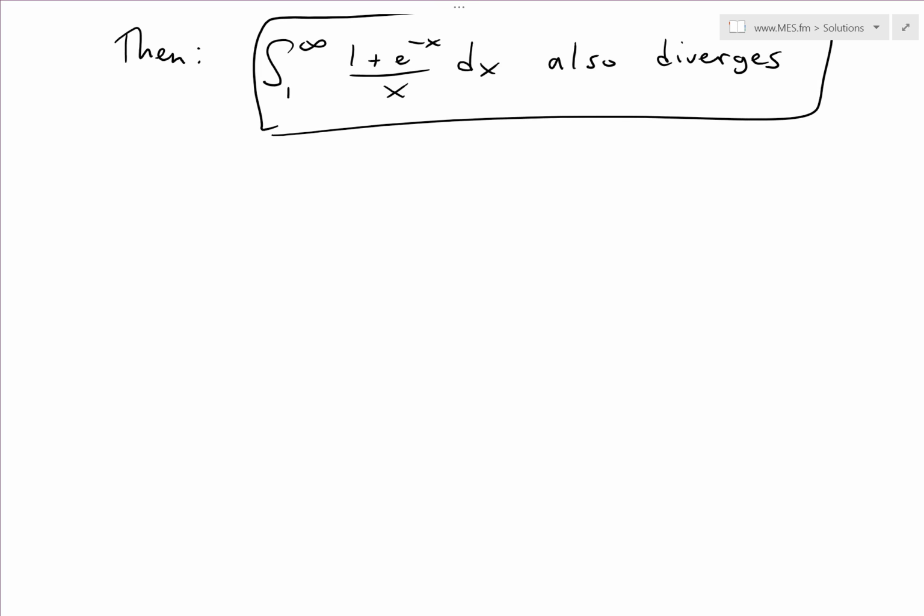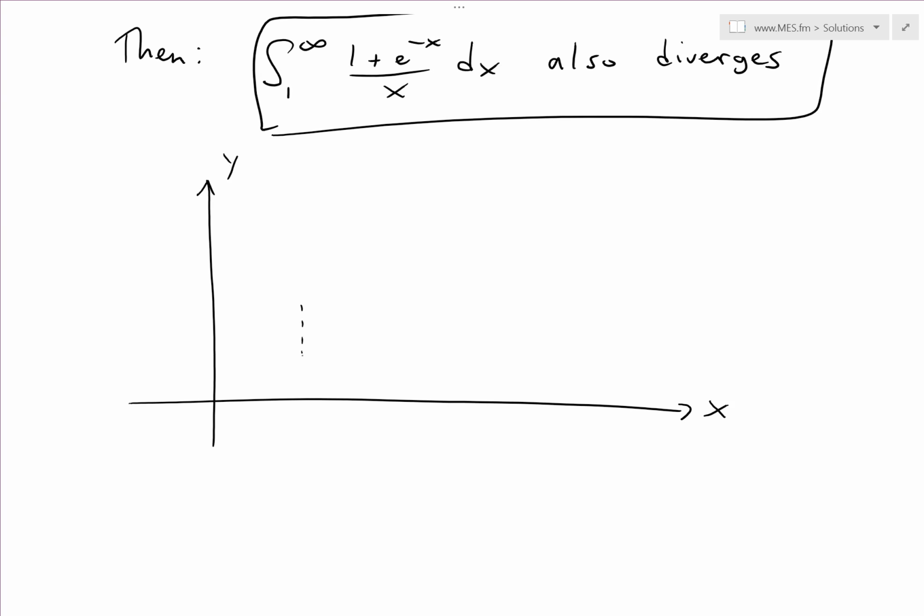And I'll also graph these two functions so it's a bit clearer. If I were to graph this, x, y, let's go from x equals 1 right here. At x equals 1, this value is going to be (1 plus e to the negative 1) over 1, which just equals 1 plus 1 over e.